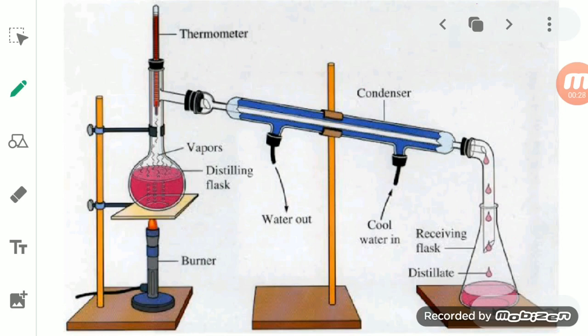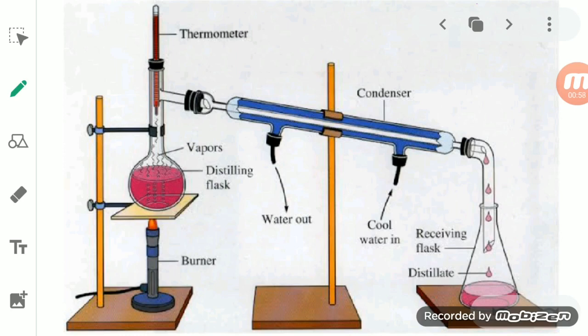But in case of the distillation process, when we are talking about a liquid and a solid component, when we heat the liquid which is mixed with the solid, it forms a vapor, and the vapor starts moving upward since it becomes steam now.